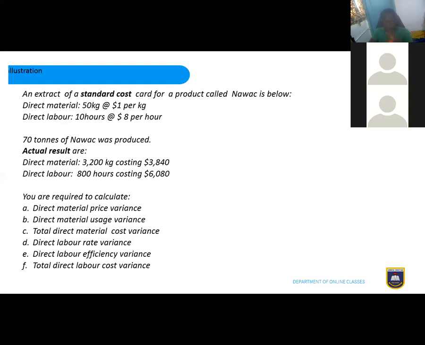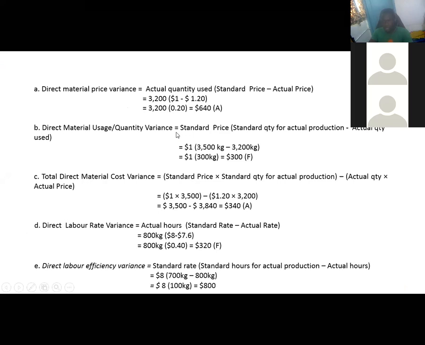So the standard price here is what? $1. So you have to go back and write your $1 here, outside the bracket. Then when we open the bracket, we are supposed to find our standard quantity for actual production.